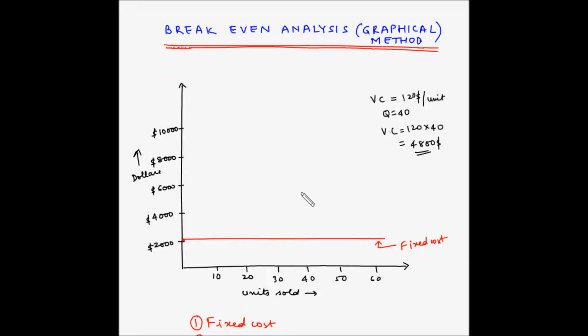The variable cost is 4,800, and if we add to this amount the fixed cost, so total cost will be equal to 4,800, which is the variable cost, plus fixed cost, which is 2,000. So this becomes $6,800. So the second point is 40 and 6,800. Let's say it is here somewhere. So with these 2 points, let's draw the line for total cost.